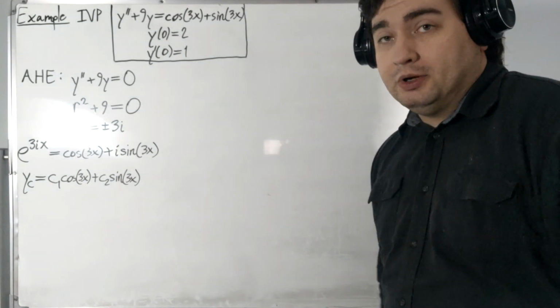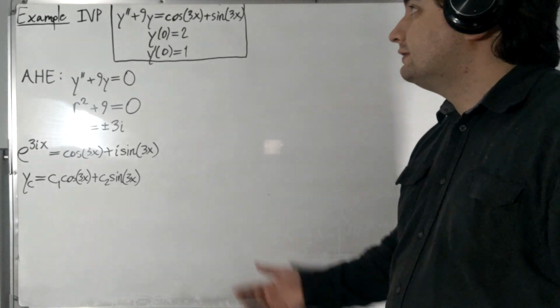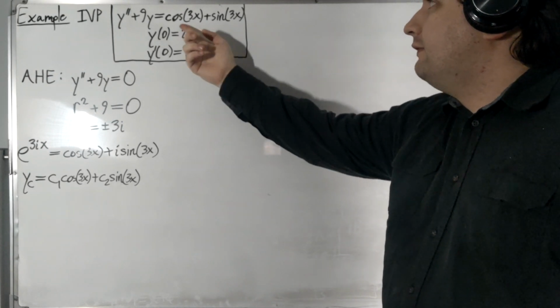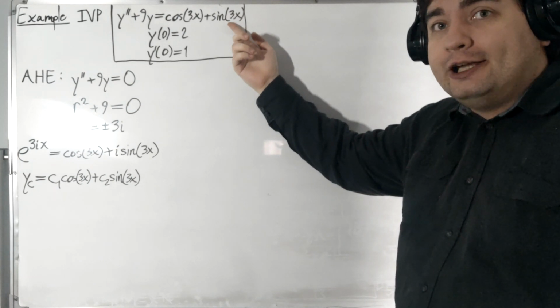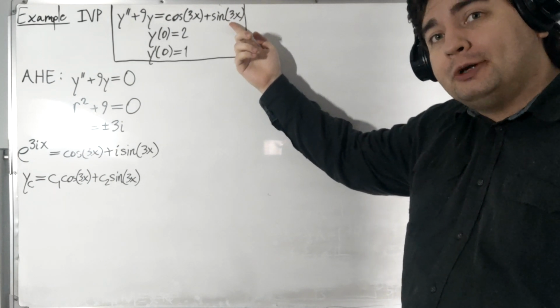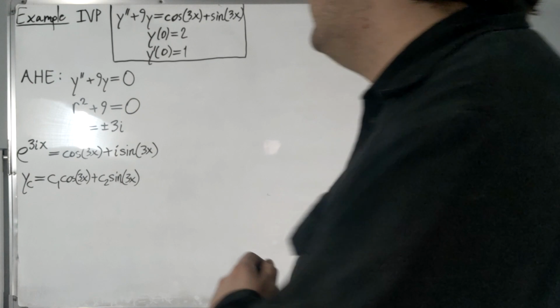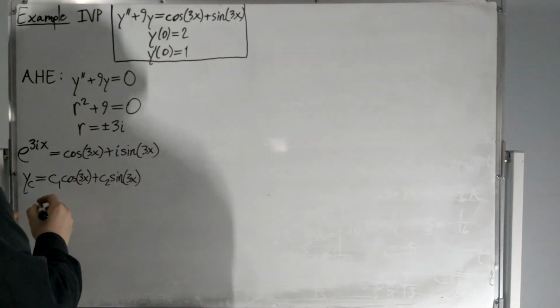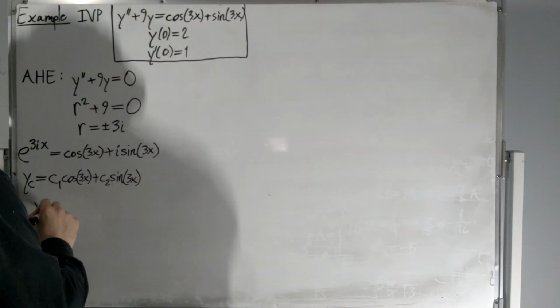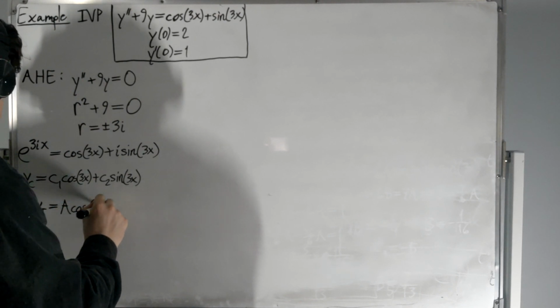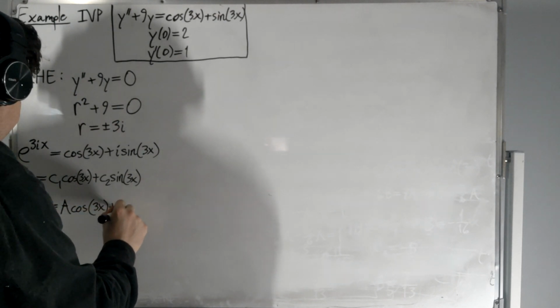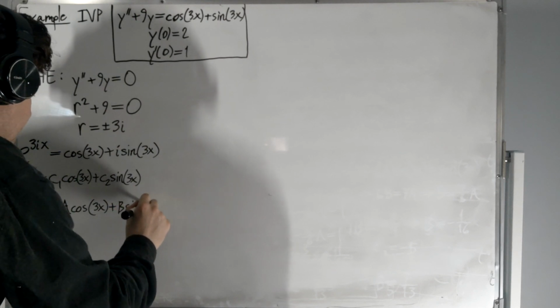All right, so now here's the part where we try to develop a guess. Based on what we have here, the initial guess ought to be a cosine 3x plus b sine 3x. So let's write that down. y_t equals a cosine of 3x plus b sine of 3x.